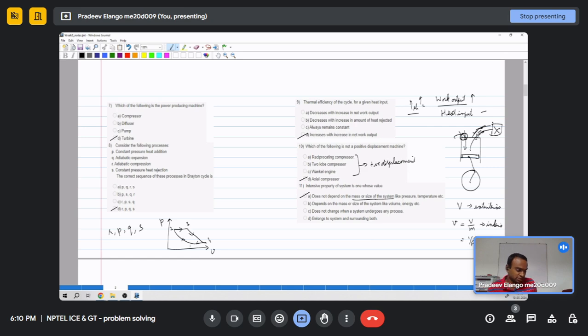So pressure and temperature don't depend upon the mass of the system. And you write specific enthalpy, which is the total enthalpy divided by the mass of the system. Then this is intensive, and capital H is extensive.